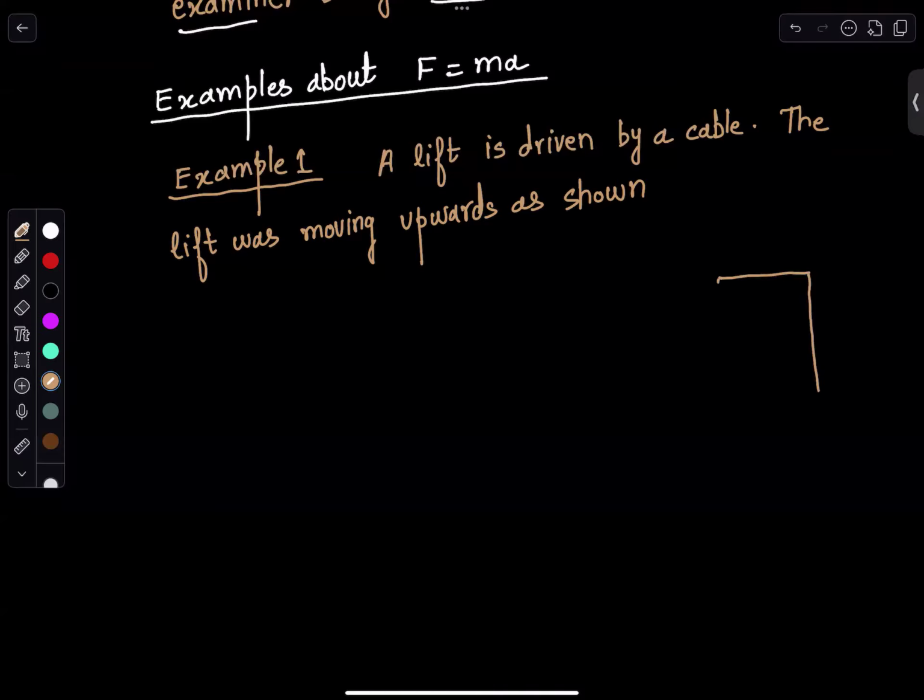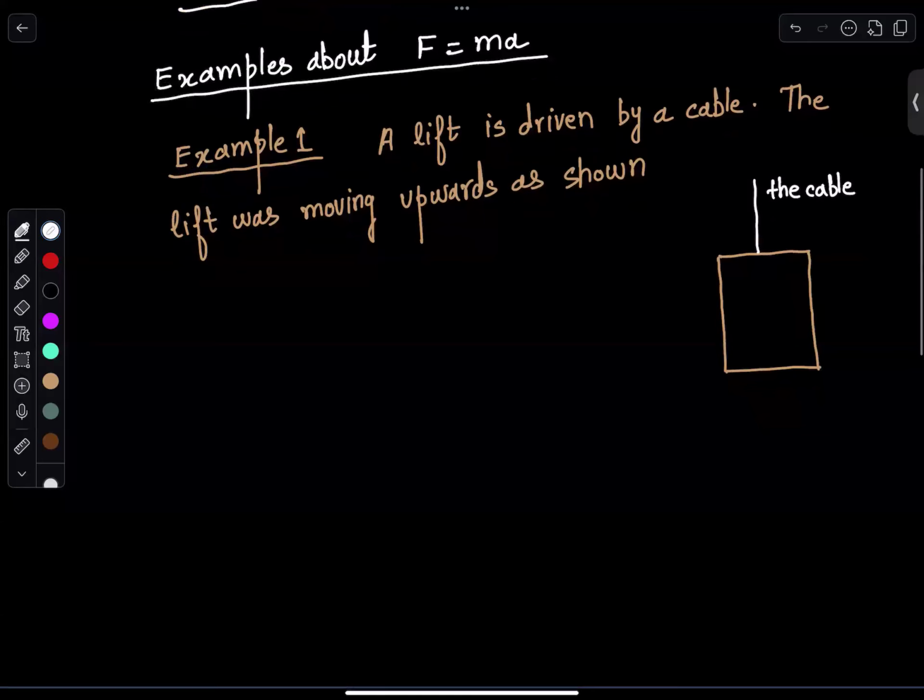This is the lift, and this lift was moving upwards. This is the cable attached with the lift. ठीक है जी Mustafa, this is the cable and this is the lift. So this lift is driven by the cable. This is figure 1.